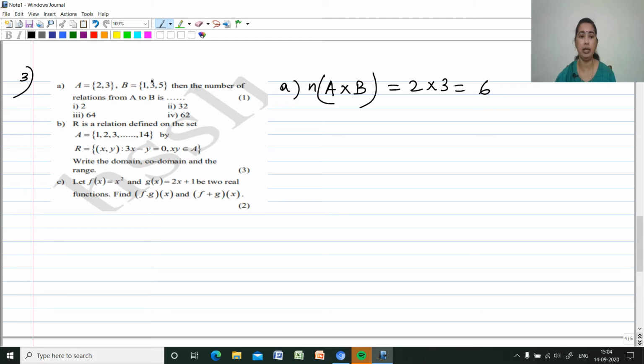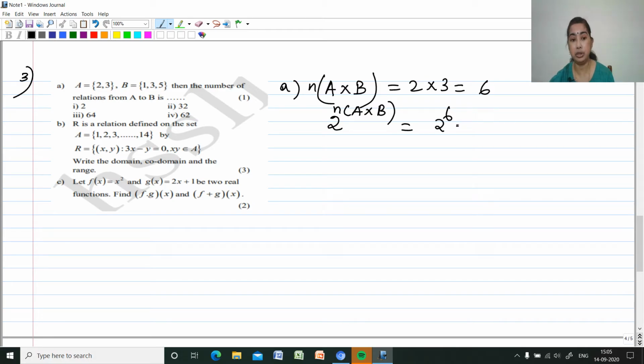And how many relations are possible? A relation is always a subset of the Cartesian product, so there will be 2 raised to the number of elements of A cross B.